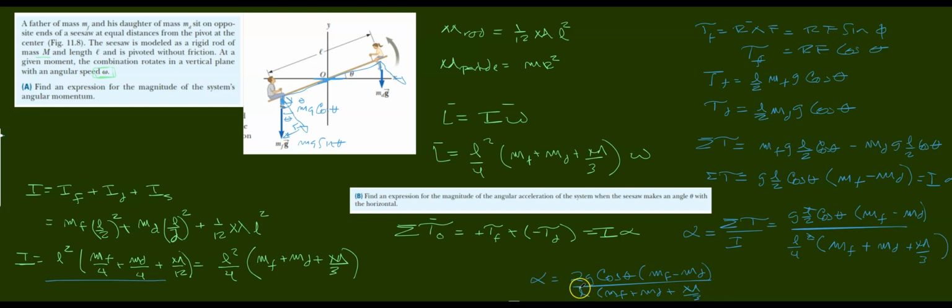And that will be the angular acceleration. And if we had numbers, it's here that we would substitute the numbers and get a numerical value. All right, so a little example of how to deal with angular momentum. We'll do more examples in class.